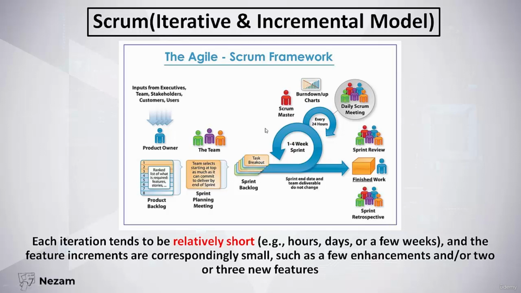At the end of the iteration or the sprint, we deliver some increments to our software. So here, we divided our software into iterations or sprints, and in each iteration, we developed some increments to our software, and that's why Scrum is considered as iterative and incremental model. We will talk more about Scrum in the Agile section of our course.